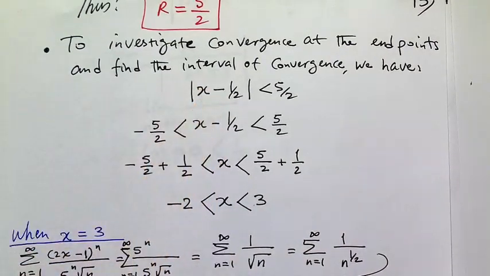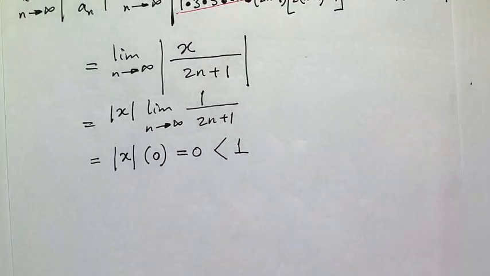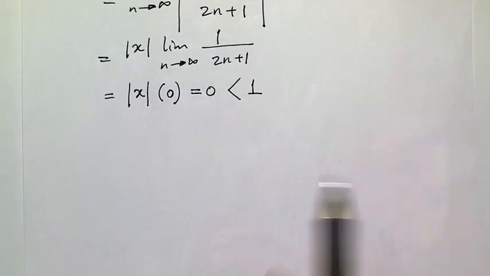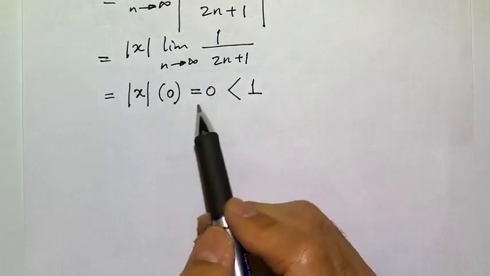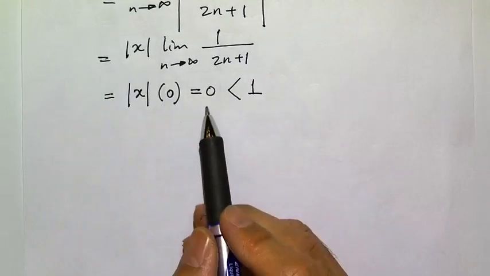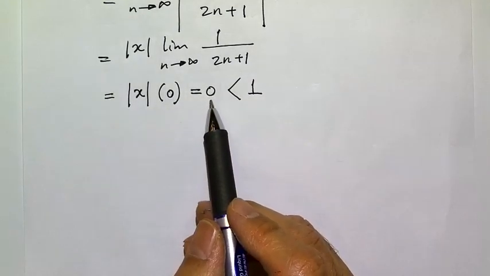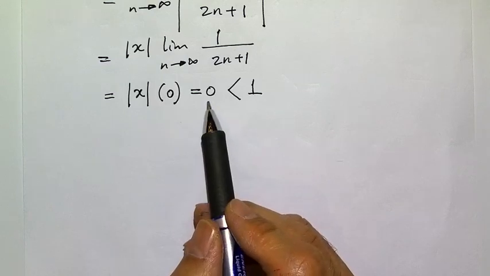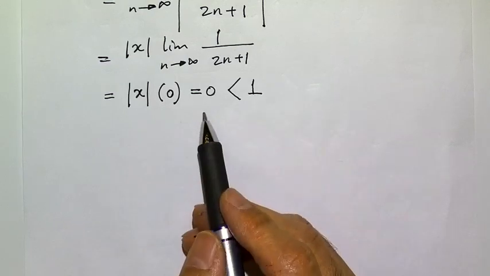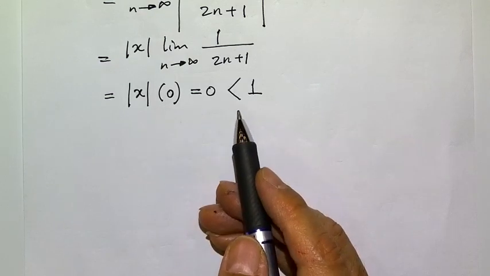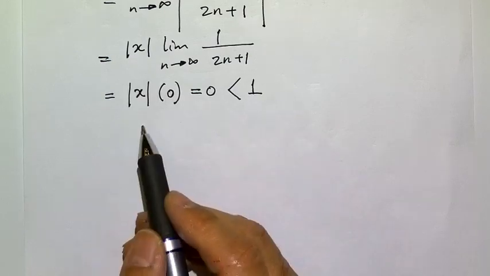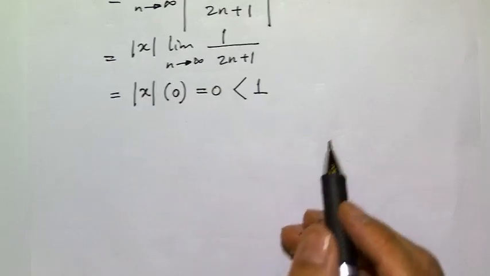But here there's no x involved. So the series is convergent independent of x, or we can say that it's convergent for all values of x. Therefore, the radius of convergence is r.